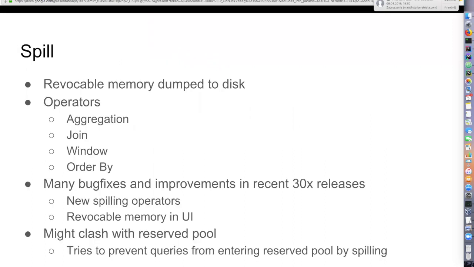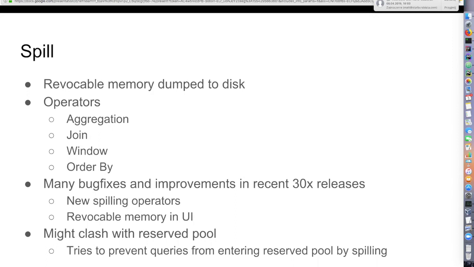Currently there are four operators that support spilling. The first was aggregation, which was the first to support spilling. Then there was join, and in the Presto SQL version there is also support for spilling for the window operator and the order by operator.